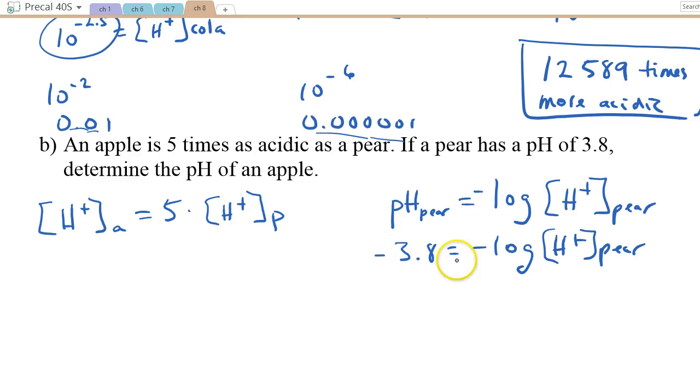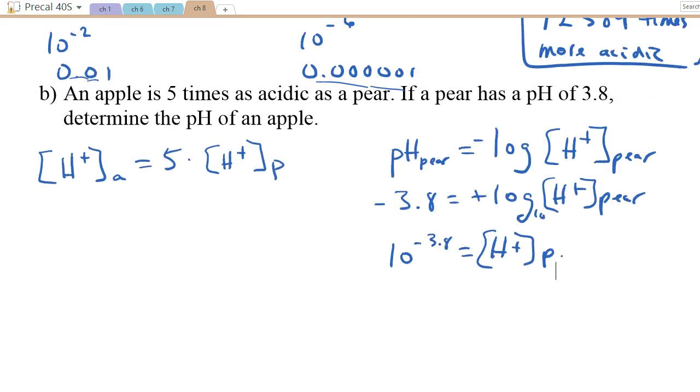Again, multiply both sides by negative 1, and this is a base 10. So 10 to the power of negative 3.8 is equal to the hydrogen ion concentration of a pear. Determine the pH of an apple.